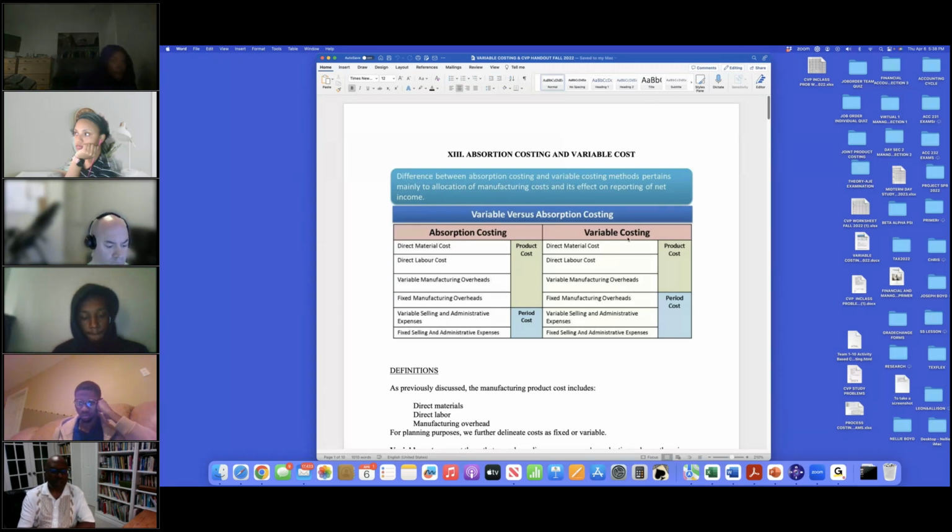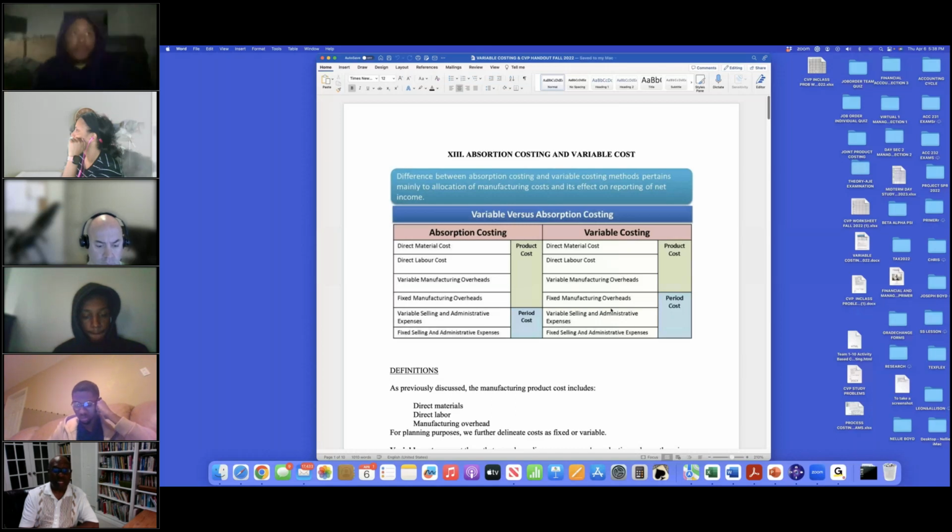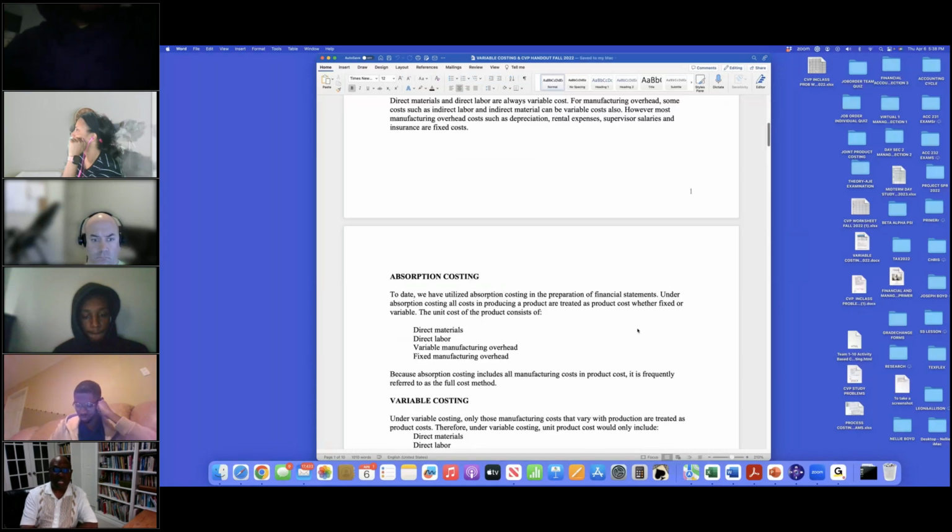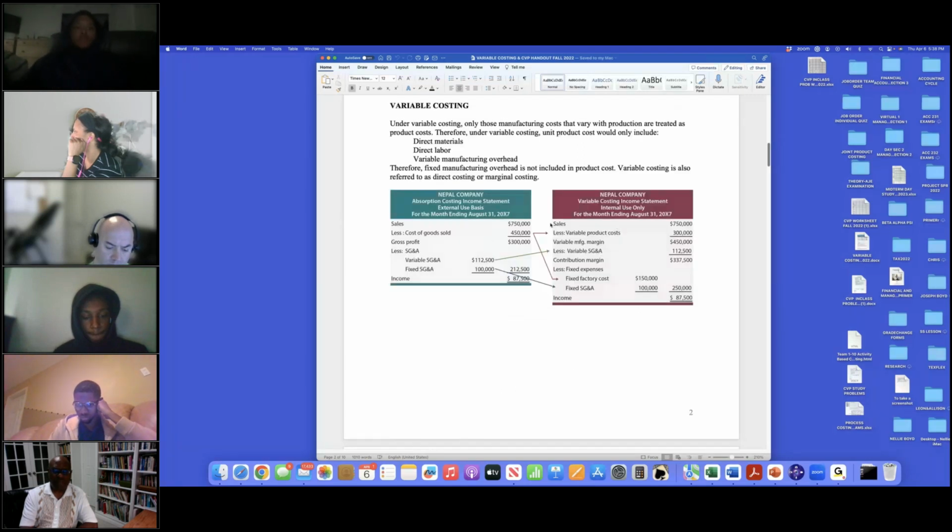But in planning, we move to variable costing, and when we move to variable costing, we have to separate the cost between variable and fixed. As this example shows, when we do the income statement, we have sales less the variable product costs. What are the product costs that are variable?